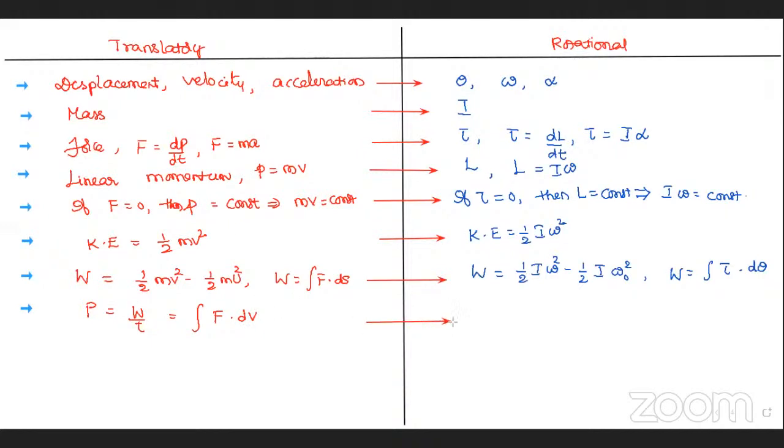Power is equal to work divided by time, that is equal to integral tau d omega. No need to discuss these formulae. You have to develop the new formulae in rotatory motion. Now you understood the relation between translatory and rotational physical quantities?